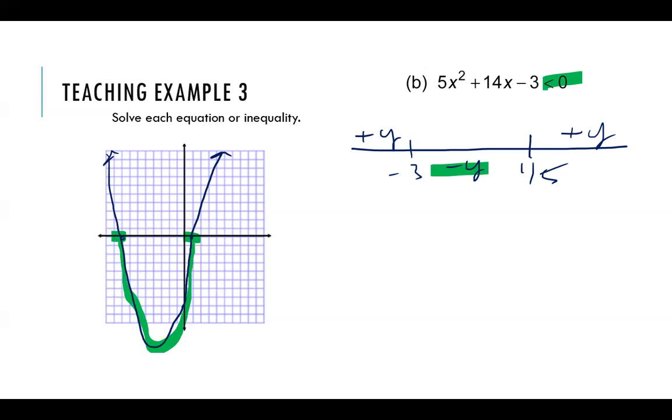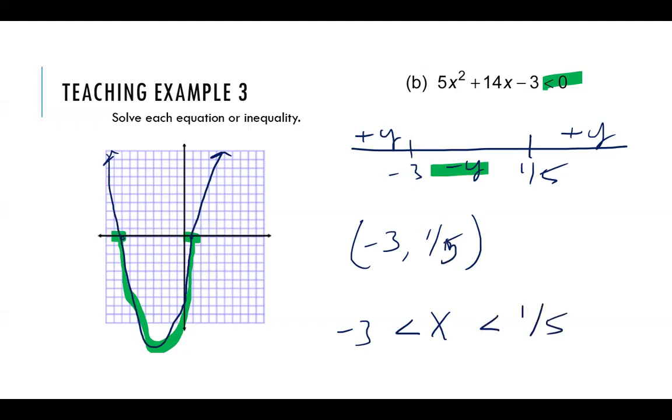So my solution is simply from -3 to 1/5. Or it can be written as x is greater than -3, but less than 1/5. Does that make sense? Okay. And again, this was less than 0 because I'm less than 0. I want negative y values.